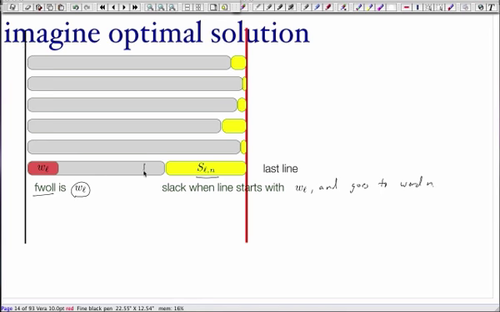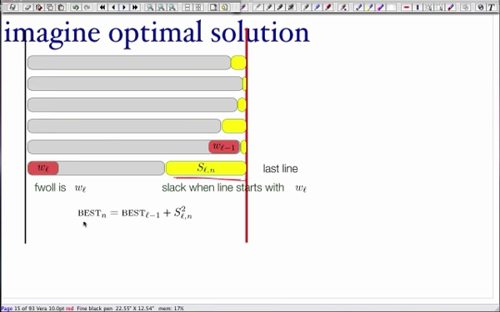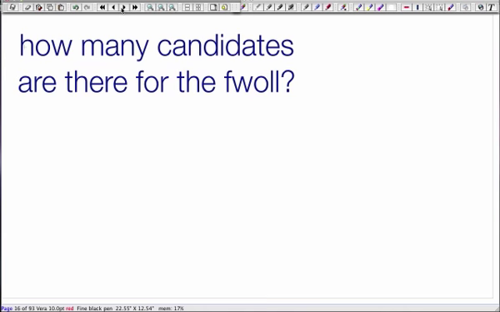Right? So this right here is word n. As I wrote on the previous slide, this is just a clearer version. The best of n is going to be the best of L minus 1 words plus the slack that we get when we start the last line at word L.